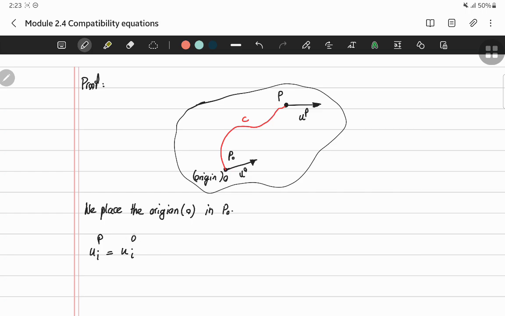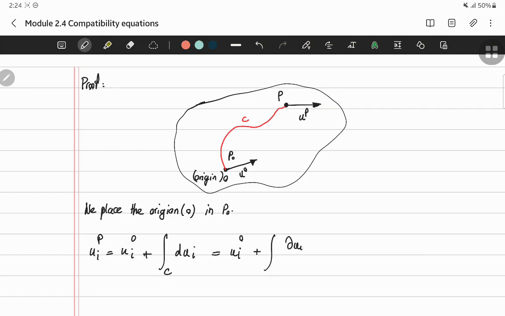ui at P, the different components of displacement, is equal to ui at O, which is the displacement at the origin, plus the displacement over this curve. So I have the integral of dui on this curve C. So I can write ui O plus this dui.